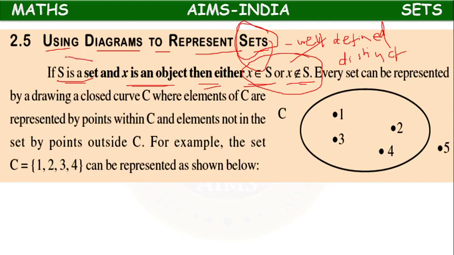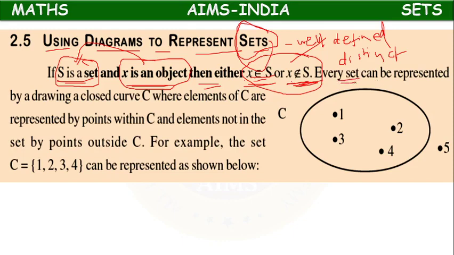So here S is a set, x is an object. What conclusions can we draw? x may be inside the set or x may not be inside the set. x belongs to S or x does not belong to S. Out of these two, any one conclusion we can draw.